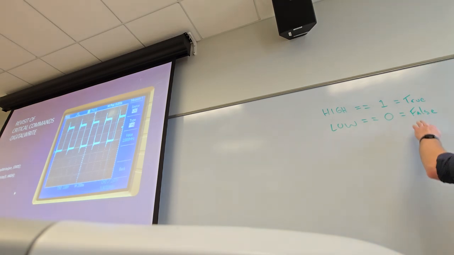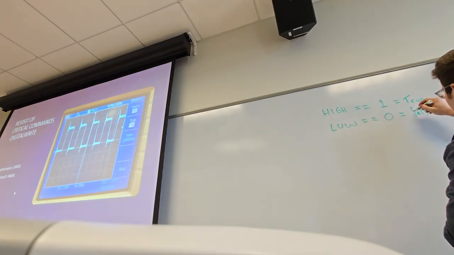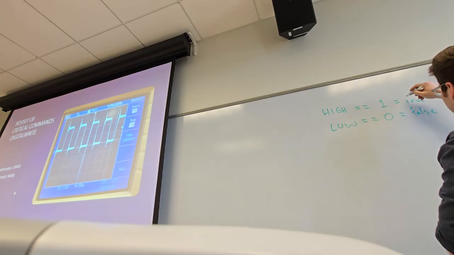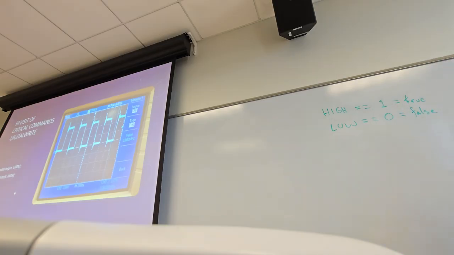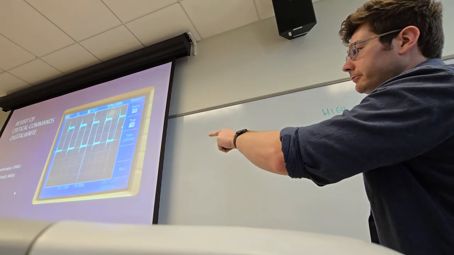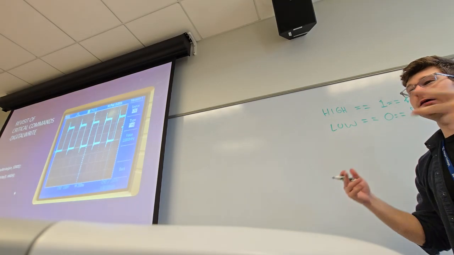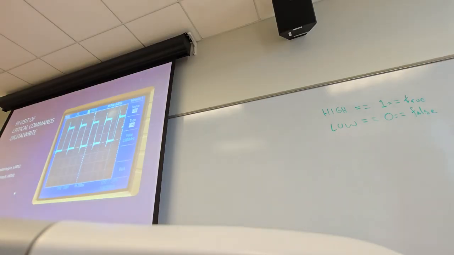But if I remember correctly, no, sorry, it is lowercase. In some languages capitalization is important, but I think it's just lowercase in Arduino. So these things also mean the same thing. You could literally say digitalWrite(5, true), and it would be the same thing as digitalWrite(5, HIGH). That's the point I'm trying to make.